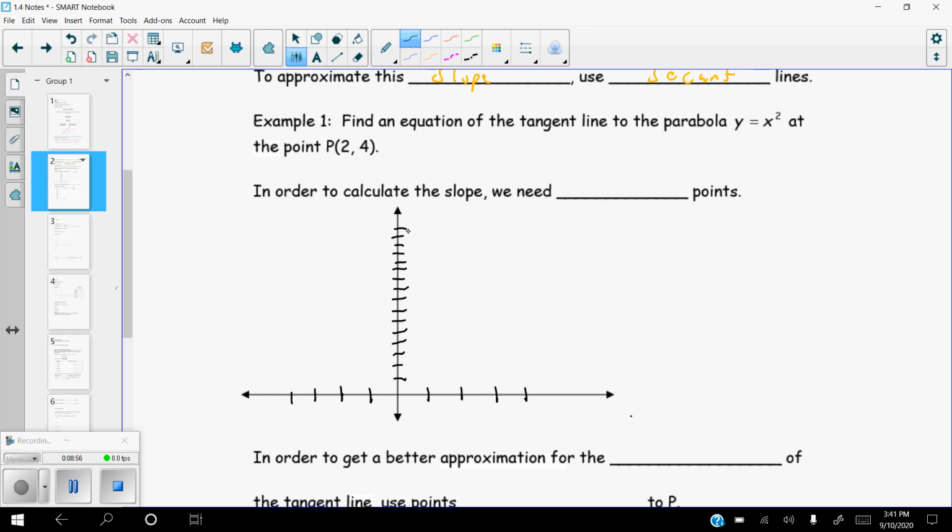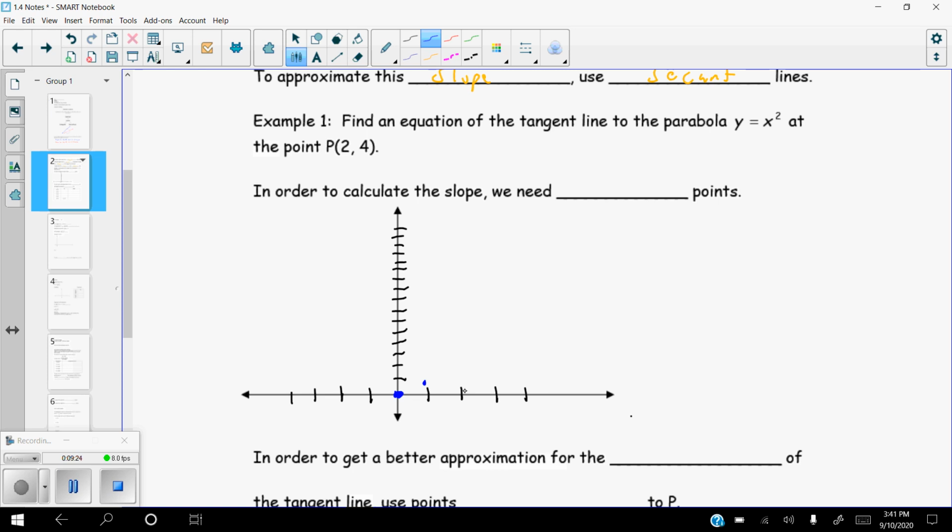And if you didn't follow that, let's go ahead and sketch the graph. We know that there's a point at 0, 0. That's where the vertex is. To find the other points, I'm just going to take nice, easy whole numbers. If I take x as 1, plug it into y equals x squared, I get y as 1. If I take x as 2, I get y as 4.